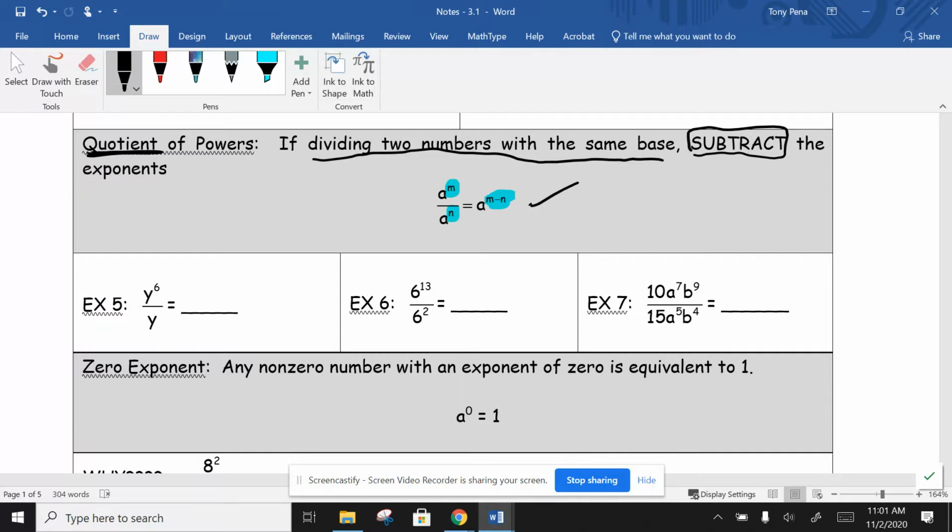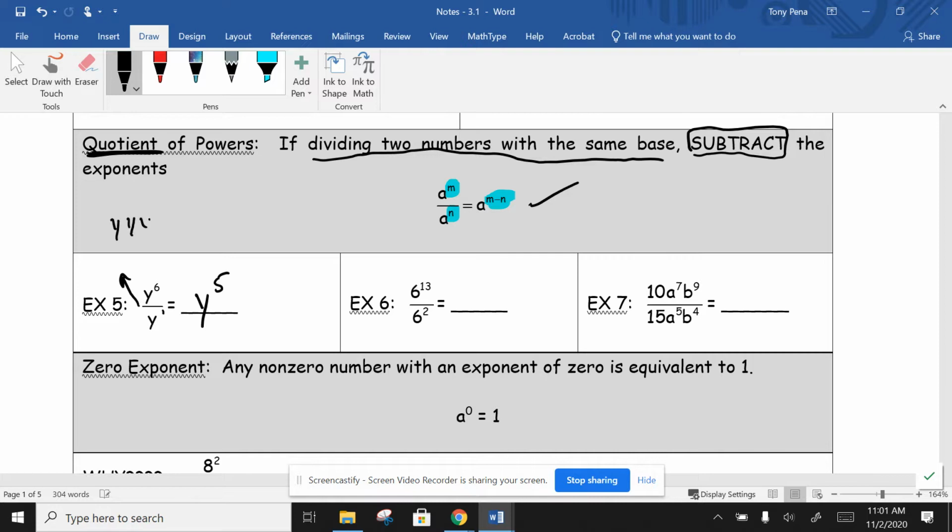So what that would simply mean for number 5 is if I have a y to the 6 on top and a y to the 1st in my denominator, I just do 6 minus a 1, and I should have y to the 5th. Now, I kind of want to be just thorough so we understand where all these are coming from. Here's why this works.